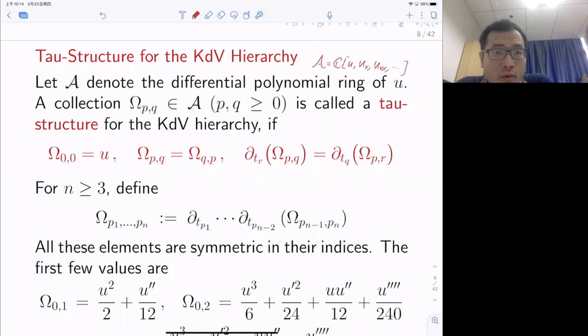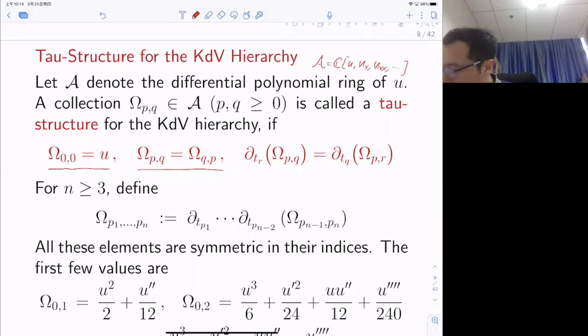What we call a tau structure is a family of elements in A satisfying the following properties. First, omega_{0,0} is u. Second, omega_{p,q} equals omega_{q,p}, so it is symmetric. Third, the derivative of omega_{p,q} is also totally symmetric.